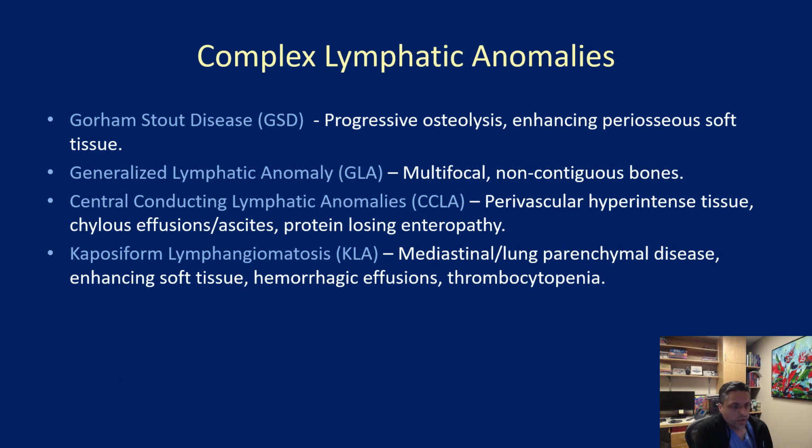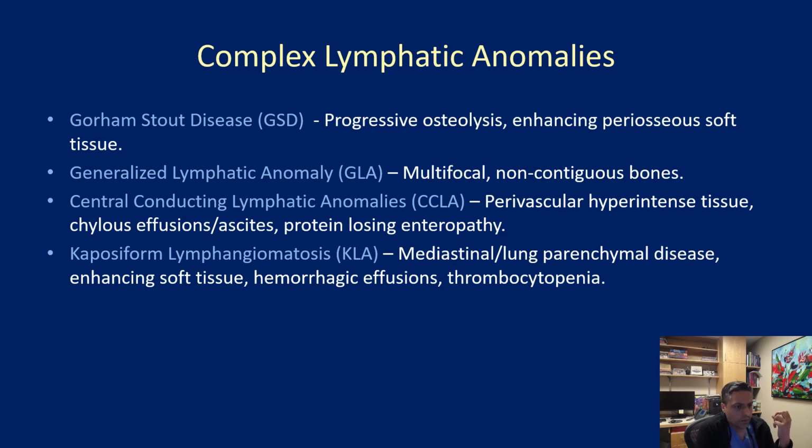So in summary, while these complex lymphatic anomalies have overlapping imaging and clinical features, there are some key differentiating imaging signs. For example, in Gorham-Stout disease, there is definite evidence of progressive osteolysis and enhancing periosseous soft tissue disease. GLA, on the other hand, tend to have well-defined focal lesions, which are much more diffuse in their distribution and affect non-contiguous bones.